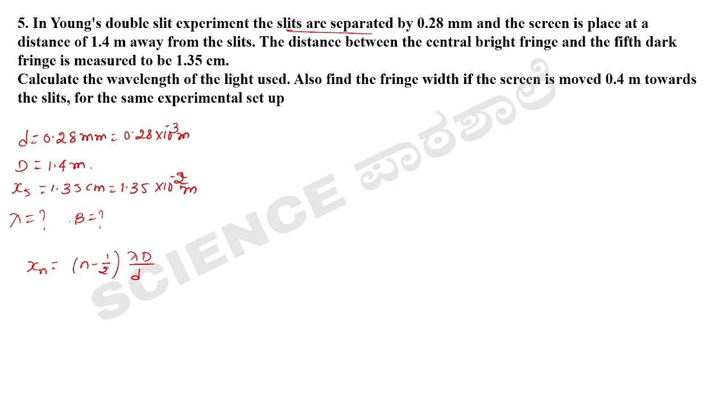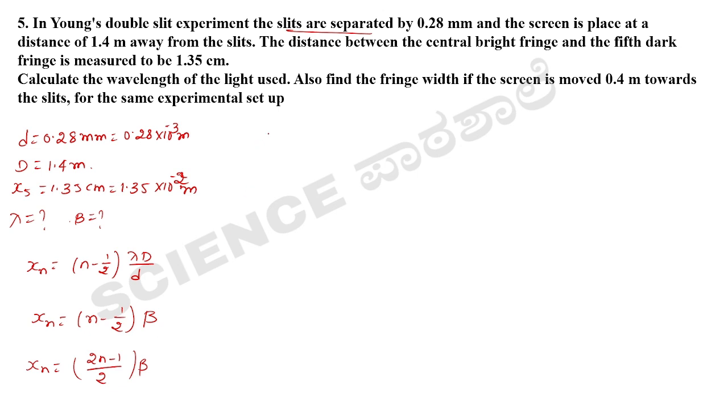We know that lambda capital D by small d is equal to beta, so xn is equal to n minus 1 by 2 into beta. If you do LCM for this, you will get xn is equal to 2n minus 1 divided by 2 into beta.